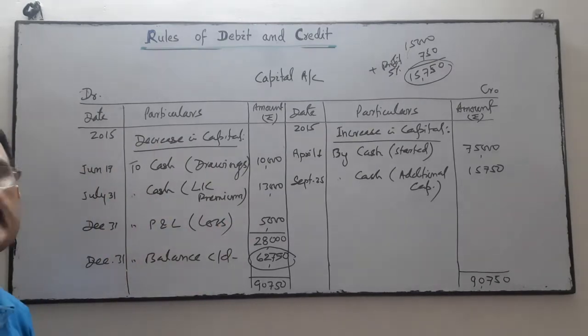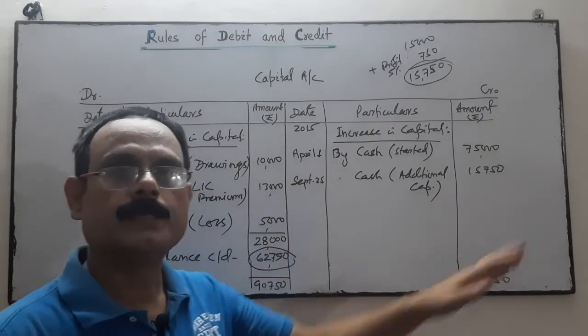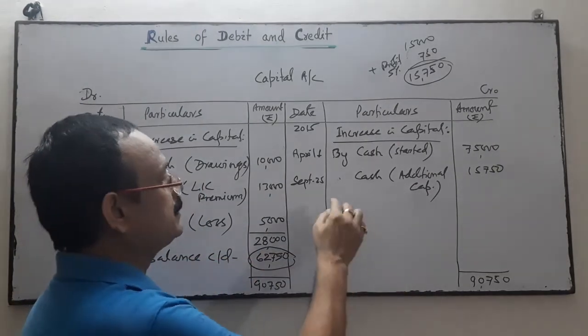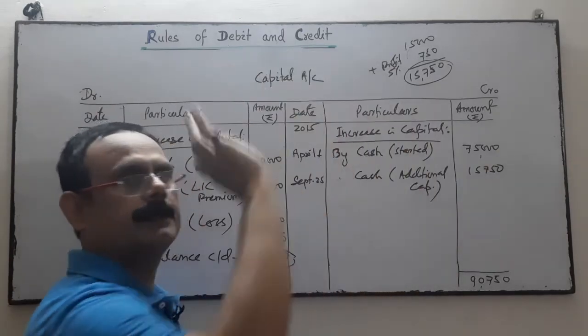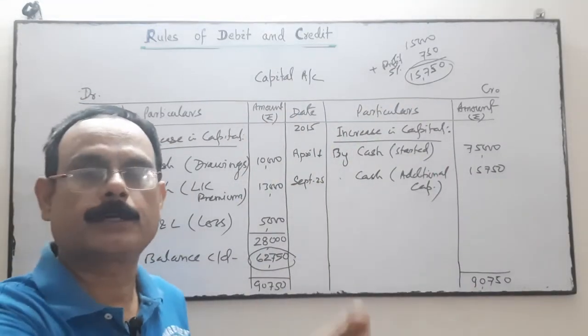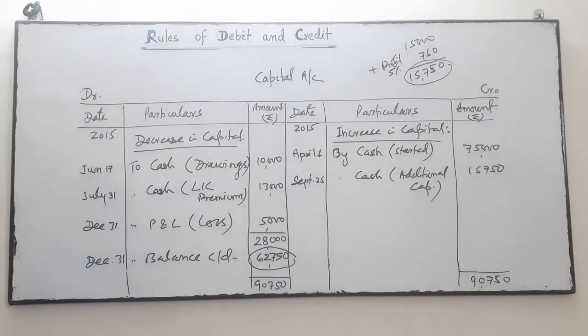Loss also decreases the capital. If there is a profit, then profit increases the capital, so I have to write profit on this side and add it, but loss decreases the capital, and this is your balancing figure.